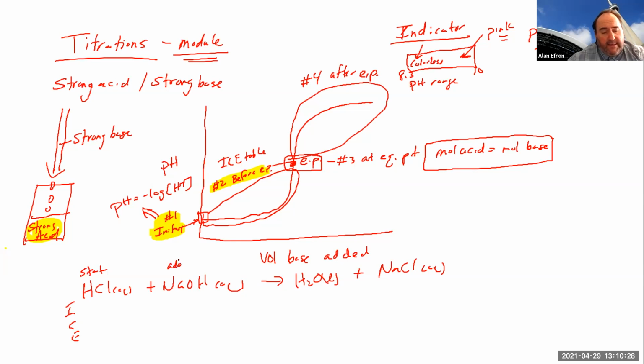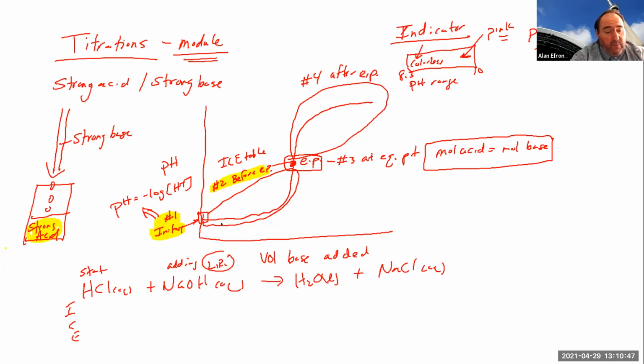This is what we're adding. And as we talked about in lecture, if we're before the equivalence point, the sodium hydroxide really will be the limiting reagent at this point and get used up completely. The hydrochloric acid will be like the excess reagent in this case. So we would do an ice table at that point.